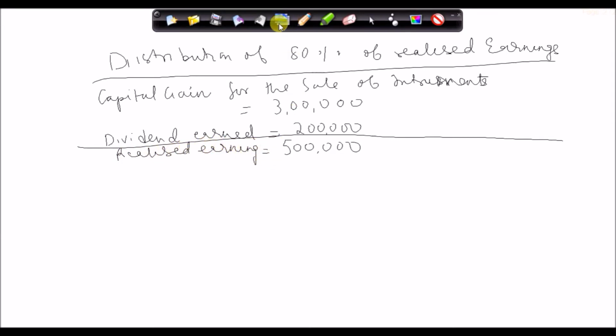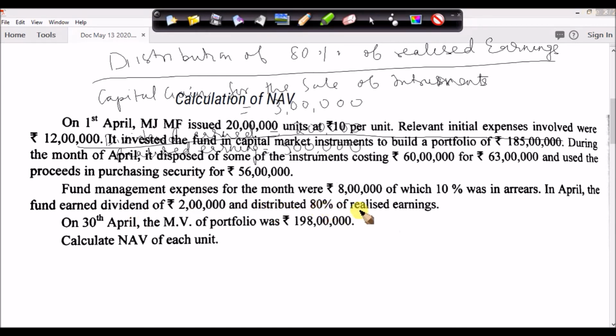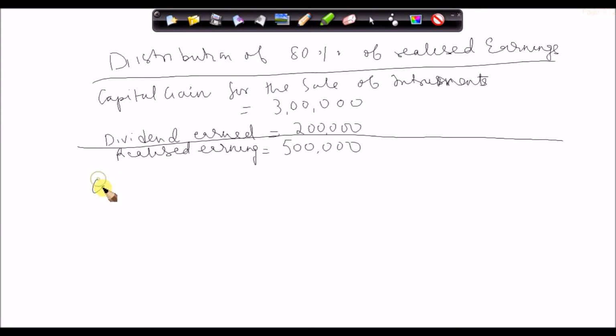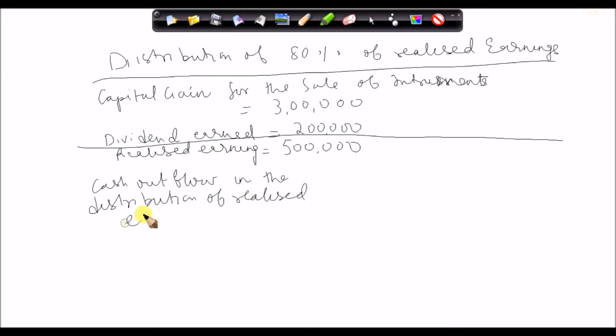Now what they have said is that they have distributed 80% of the realized earnings. So there is a cash outflow in the form of distribution of realized earnings, and 80% of the realized earnings they have distributed. So 5 lakh we have the realized earnings, and it's 80%, that I would say it is 4 lakhs.